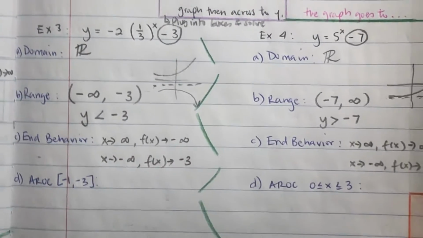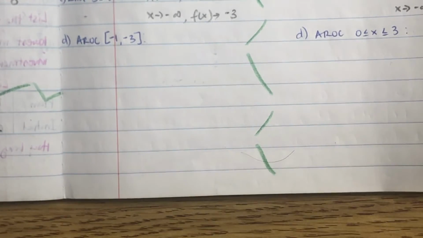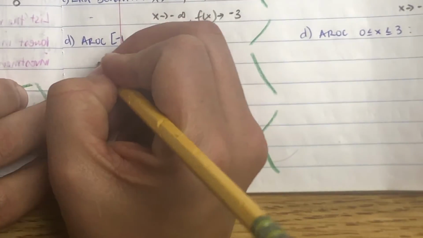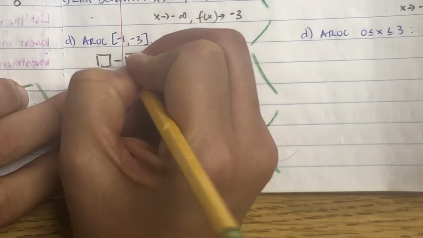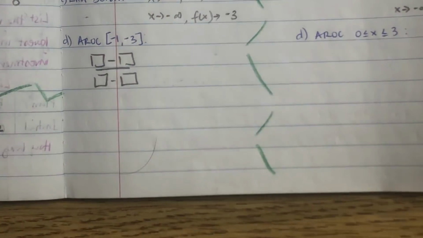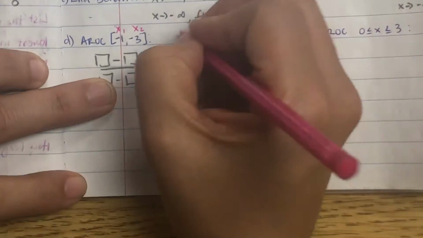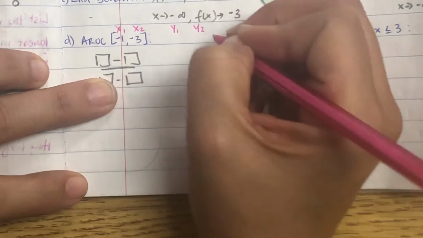A couple other examples. Again, your very first step is to start with your boxes. Box minus box over box minus box. Okay, label x1, x2, and then we need to find y1, y2.